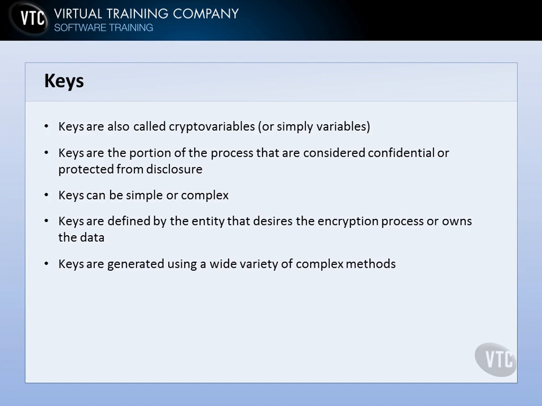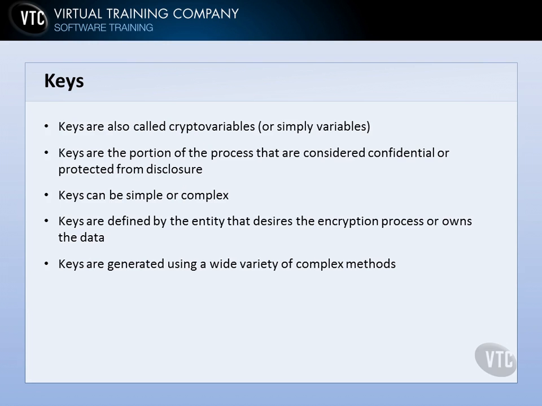Or you could have a very long password that's hashed or encrypted, and that encrypted hash or encrypted result becomes the key. In any case, they're typically very long and complex numbers. And in general, the stronger the key, the stronger the encryption. The stronger the algorithm, the stronger the encryption. That's just two generalities about encryption you should know.